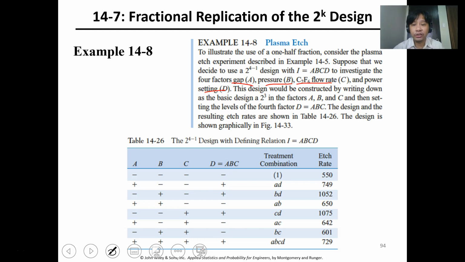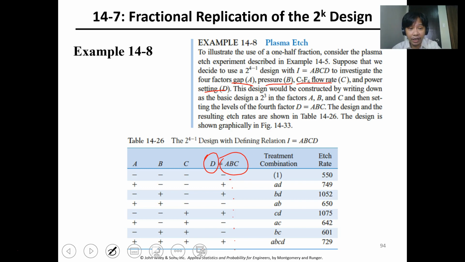The design will be constructed by writing down as the basic design a 2^3 in the factors A, B, and C. Then, you will have D as the product of ABC. Okay? So, ito yung pang-apat na level where this one is the product of ABC, yung interaction nila.